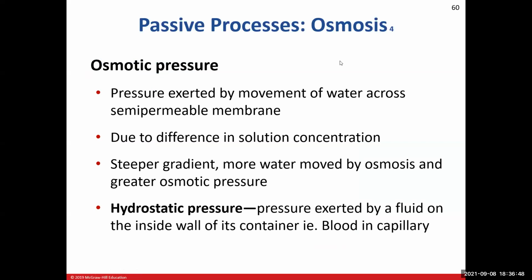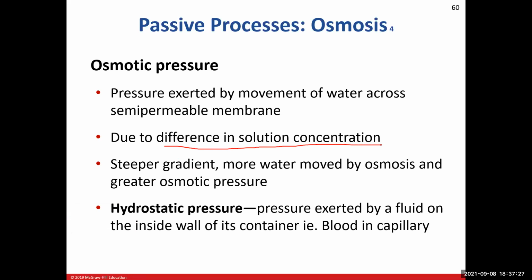Okay, so that leads me into the next part of osmosis, which is osmotic pressure. When we talk about osmotic pressure, we're talking about the pressure exerted by the movement of water across that semi-permeable membrane. So it's the pressure that water creates as it's moving across the plasma membrane. And that pressure is due to the difference in the solution concentration.